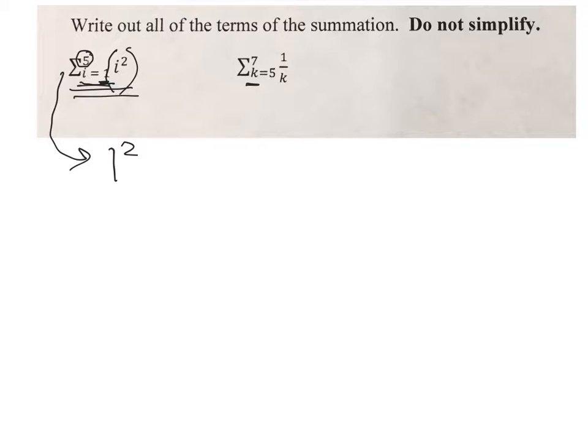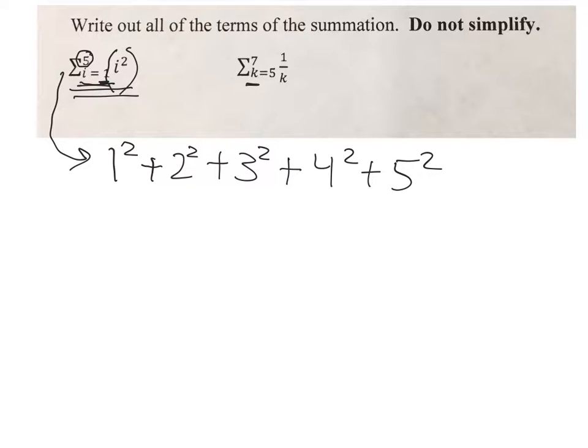Then summation, sigma notation means we add the next term. When i is 2, we'd have 2 squared. When i is 3, we have 3 squared, and so on up until we hit our end point. Now, this is just to give you an idea of the notation, how to use it.